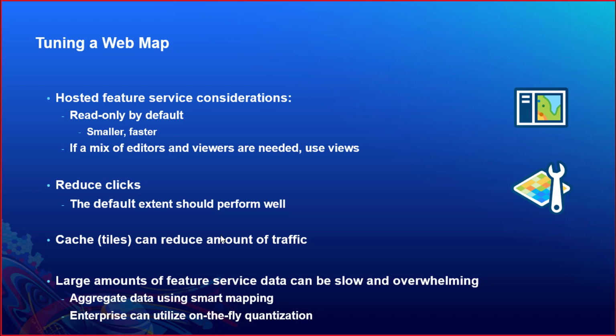So if you find you're in this boat, things that you can utilize are smart mapping, using the aggregate data like the heat map, and quantization. This is something relatively new, optimizes the geometry. This is a newer way of doing generalization. So it helps send less data back to your user, a lot less data. So this can be a great thing.